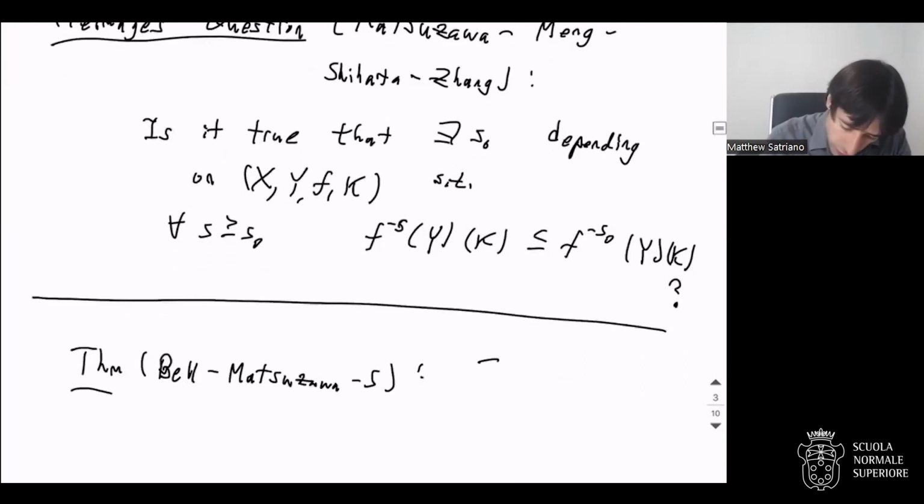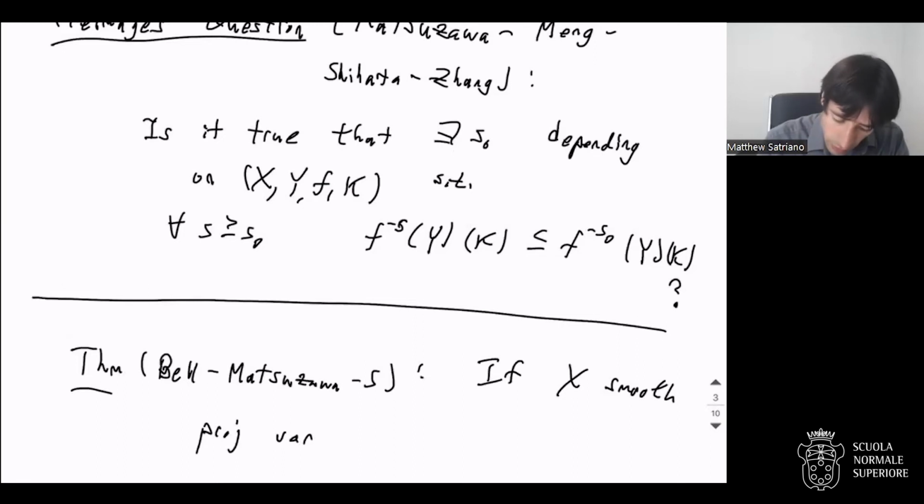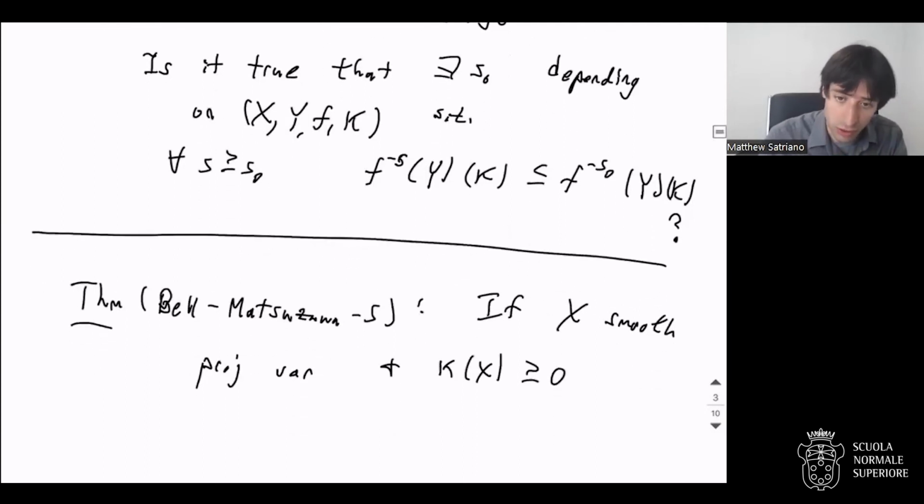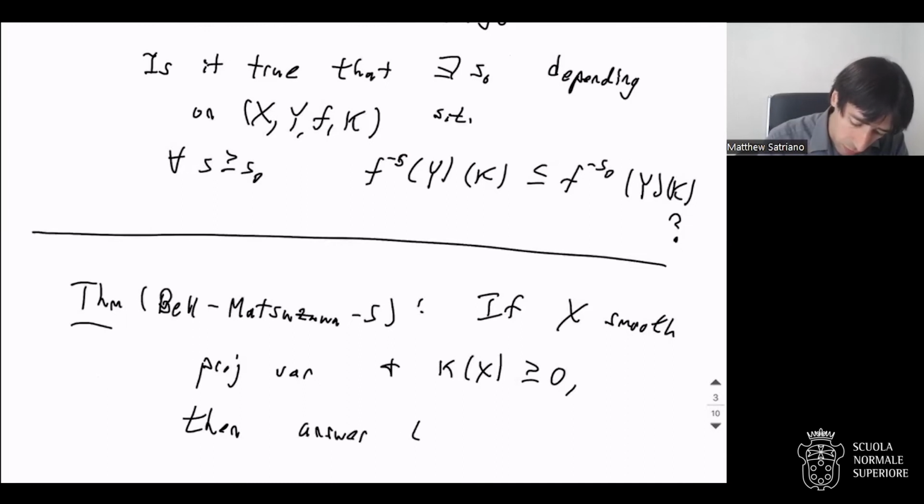If X is a smooth projective variety, and the Kodaira dimension of X is non-negative, then the answer to the preimages question is yes.